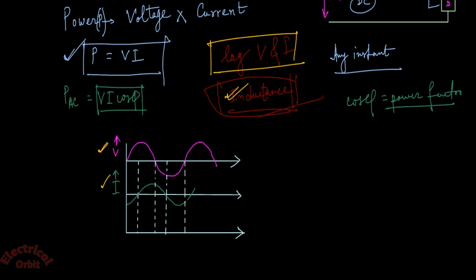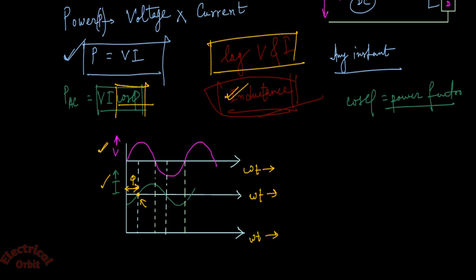So what is the lag? When voltage starts from its initial zero position, current does not start from zero, it starts from this particular instant. This angle is called phi. This x-axis is the omega t axis. The cosine of this angle phi is called cos phi.